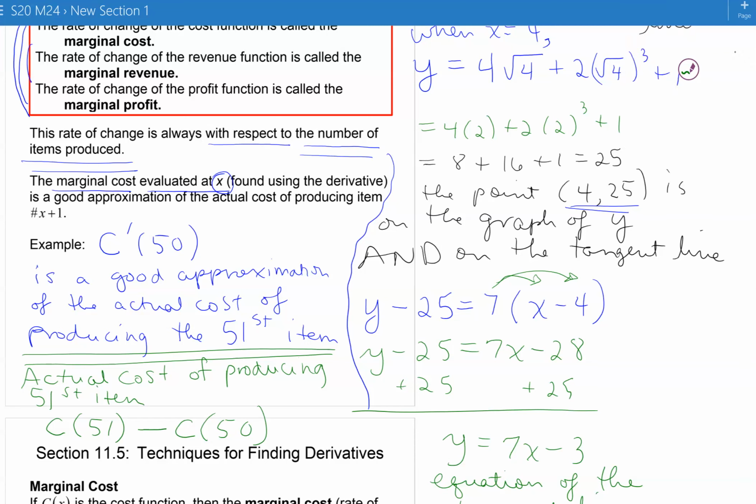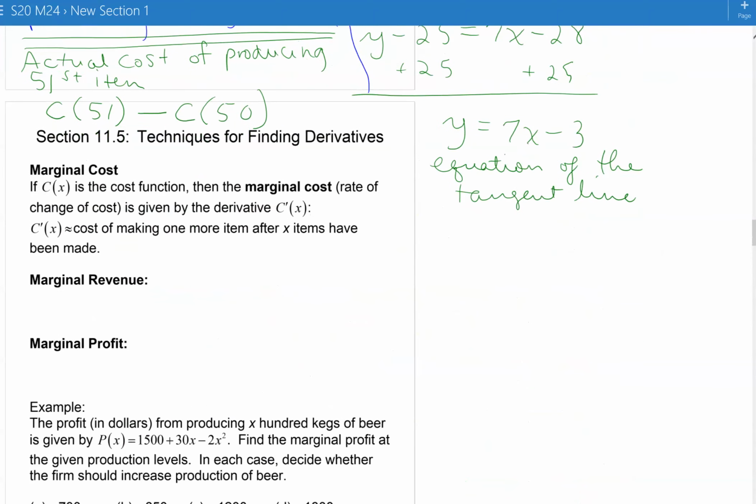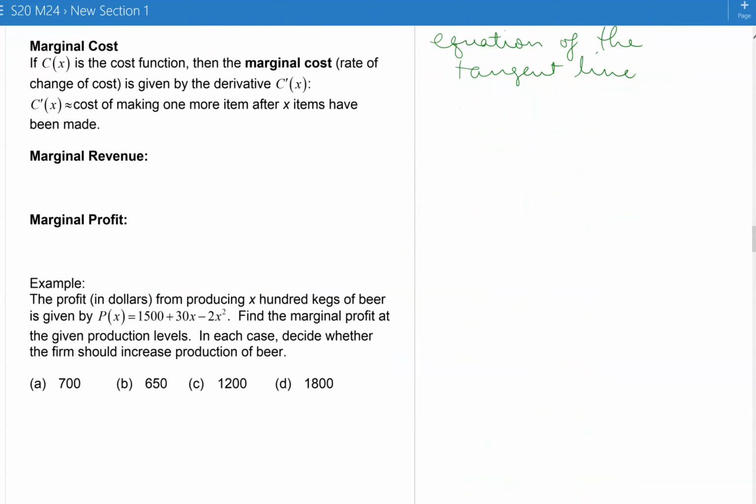Sometimes finding the marginal cost is a lot easier and quicker and is a good approximation. Okay, so the marginal cost is the rate of change of cost. It's given by the derivative, and it's the approximate cost of making one more item after x items have already been made. So I'd encourage you to write out the parallel statements for revenue and profit.